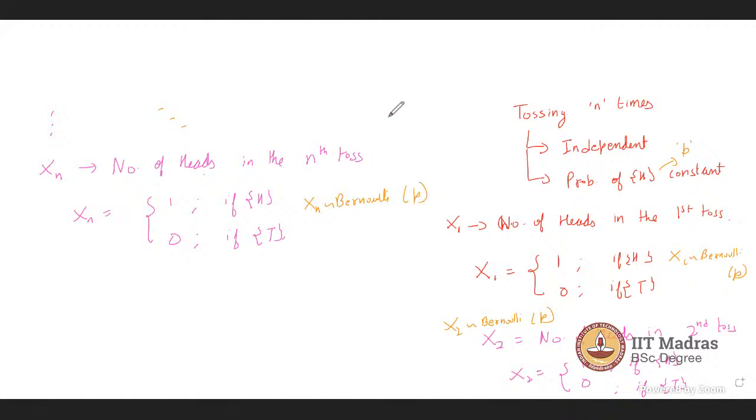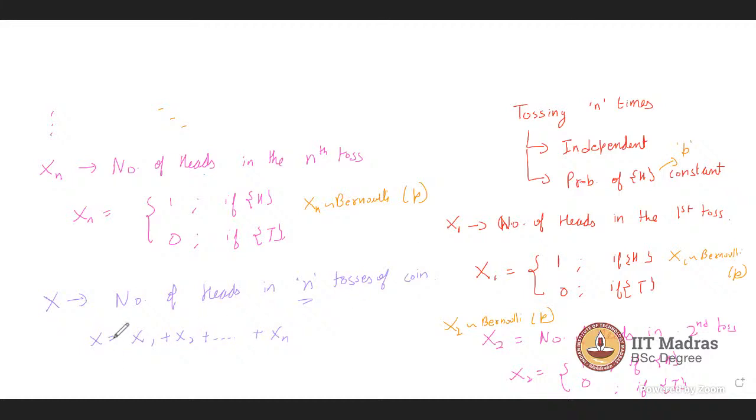Now suppose I define another random variable x. X is the number of heads in n tosses of a coin. So I can simply write x as the sum of all these x1, x2, up to xn. Number of heads in the first toss, in the second toss, so on up to the nth toss. If I add them all, I will get the total number of heads in the n tosses of a coin, right?